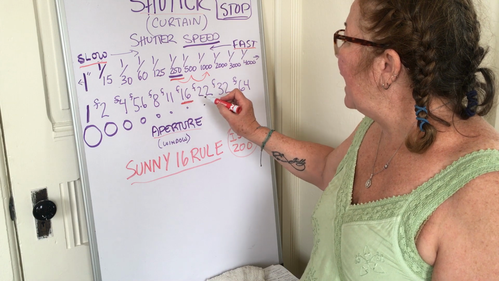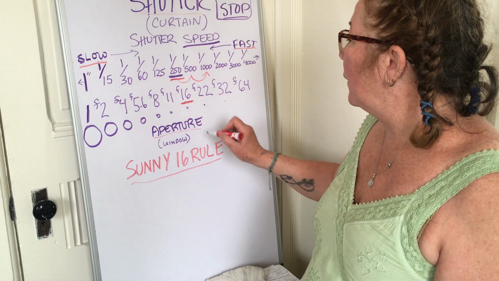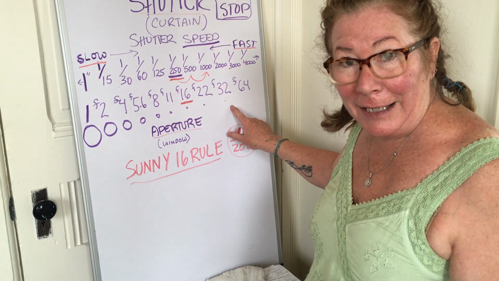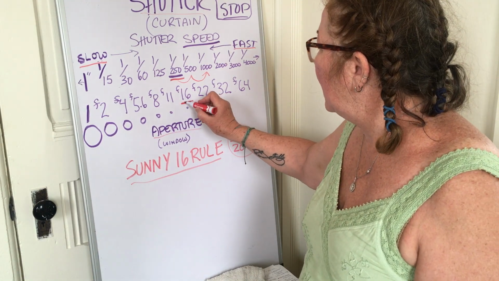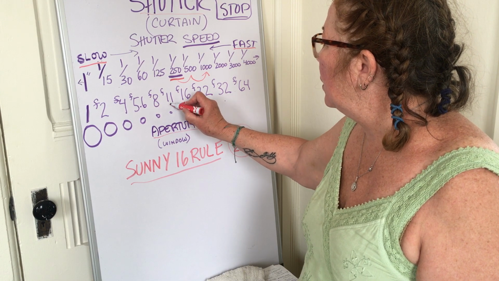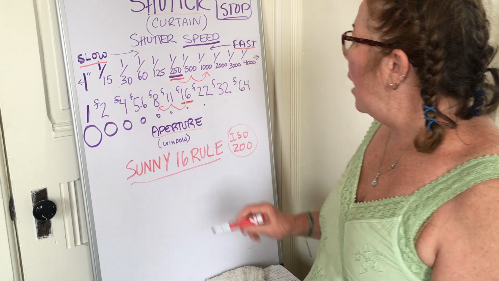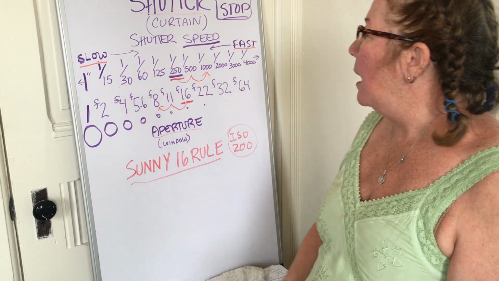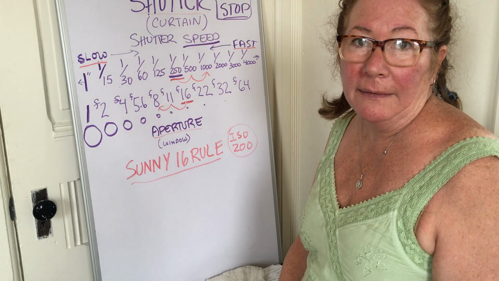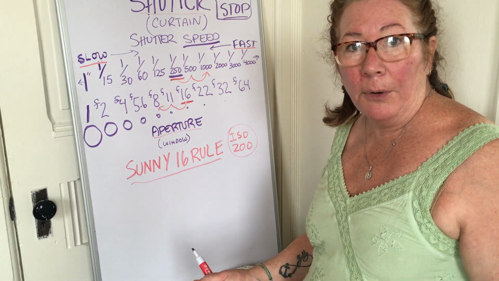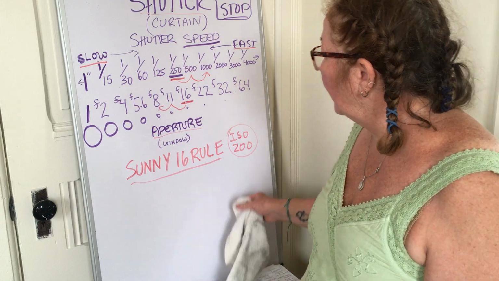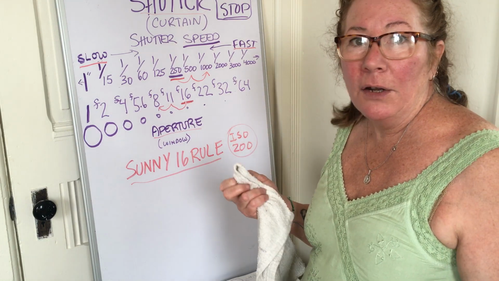And so we need to let in more light from the aperture. So in order to do that, we're not going to move it over here where the aperture gets smaller, because that's going to let in less light. We're going to move it over here. We're going to open up the aperture 2 stops to compensate for that 2 stops of less light that I'm putting in for the shutter because I want to freeze motion on my skateboarding friend, right?